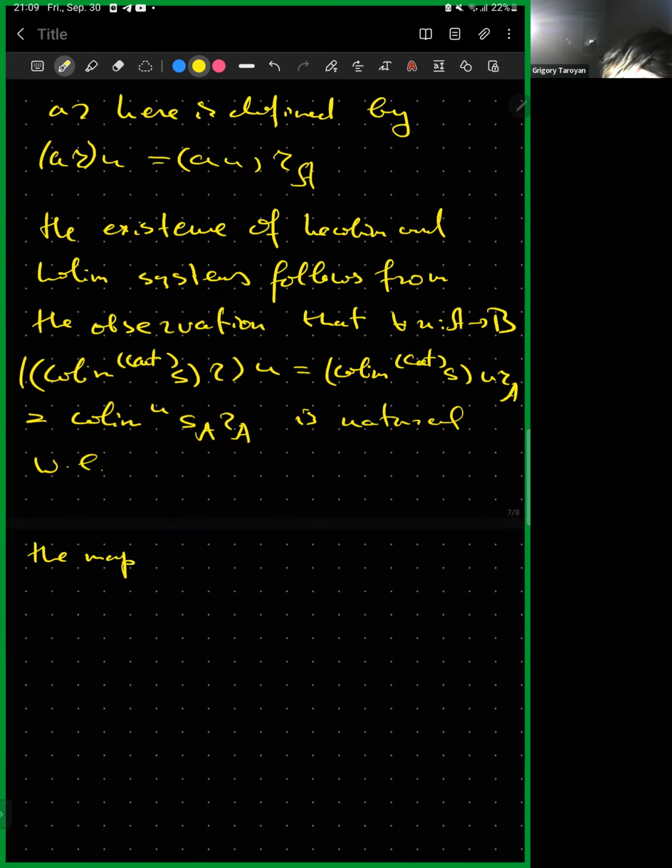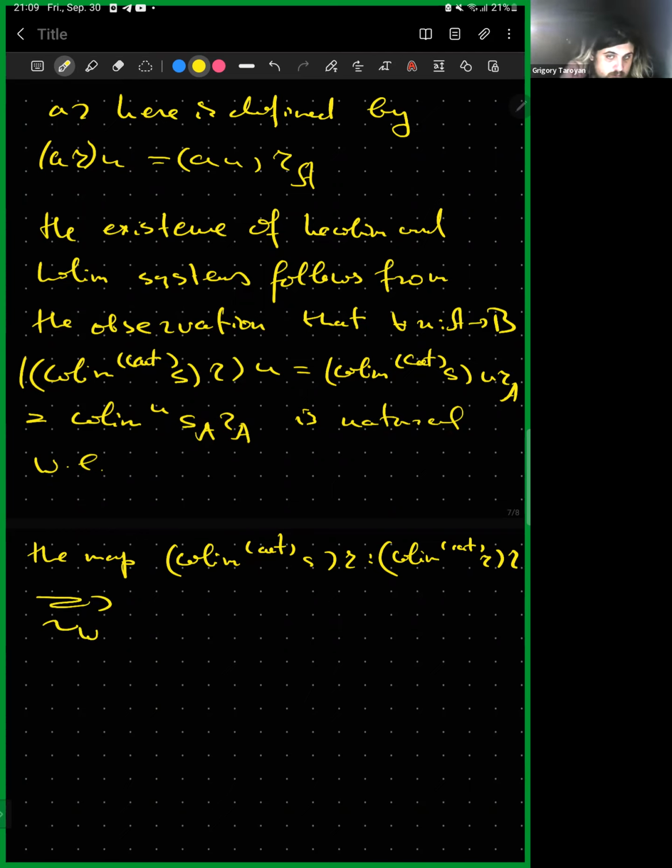The map colim cut as R, from colim cut R, is also a weak equivalence.